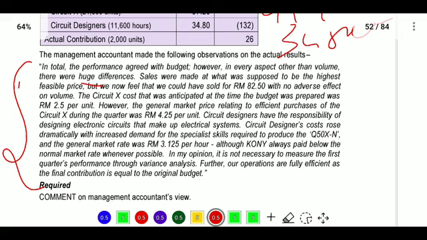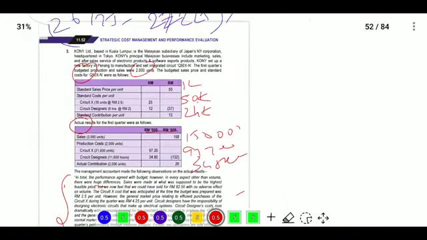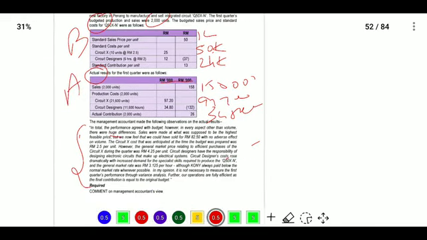So he is telling there is some difference between budgeted and actual. Sales were made at what was supposed to be the highest feasible, but we now feel that we could have sold at 82.5. It is budgeted, it is actual, it is related to revised budget.